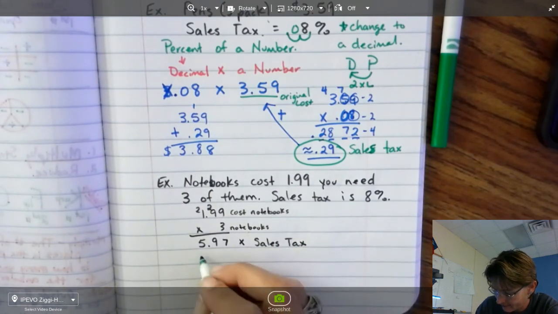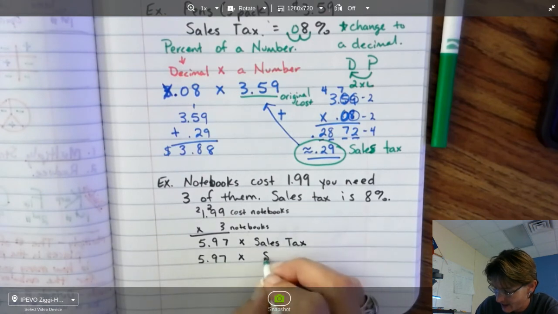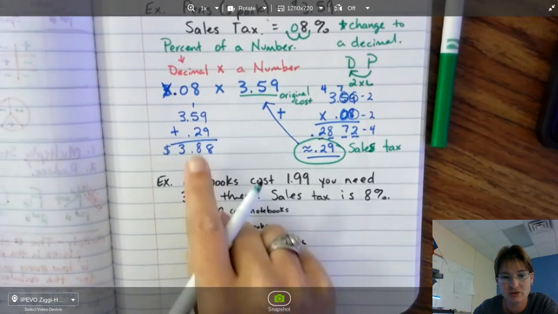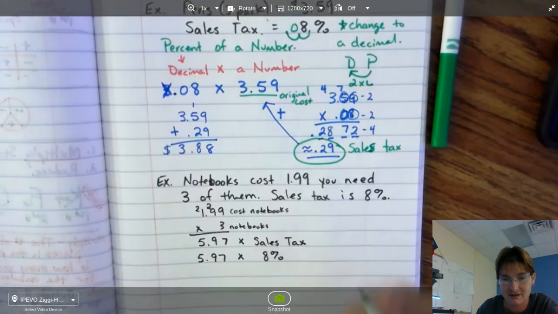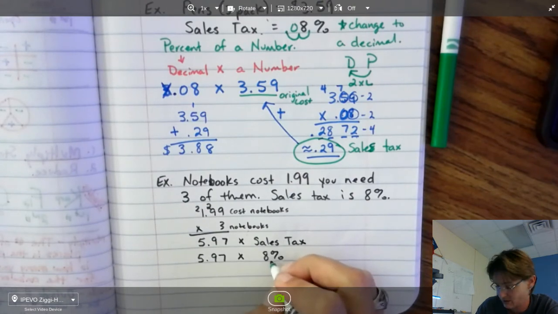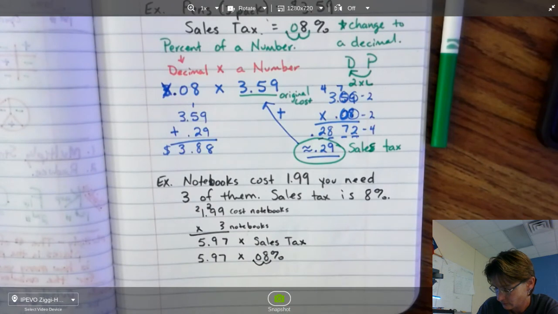Now I need to multiply that by the sales tax. So we have $5.97 times the 8%, but we need to change 8% to a decimal so that we can do the multiplication. Changing it to its decimal, we move 2 places to the left, and then we do our multiplication.